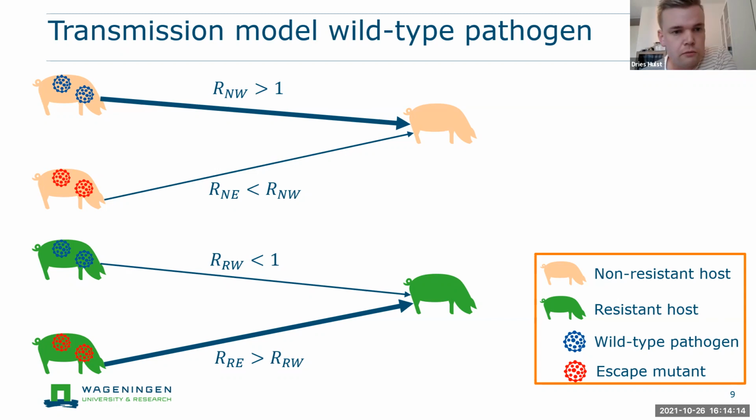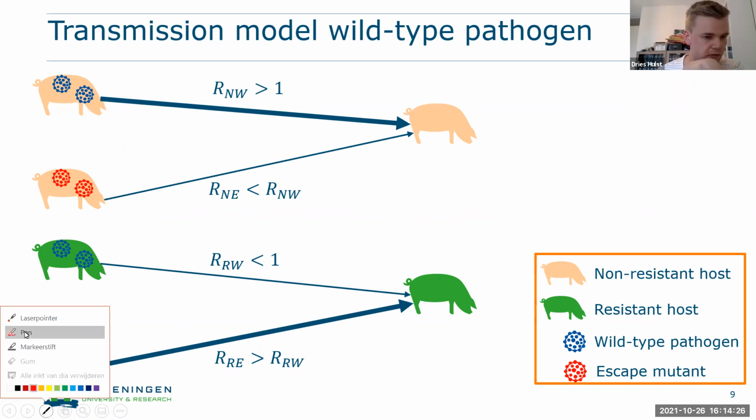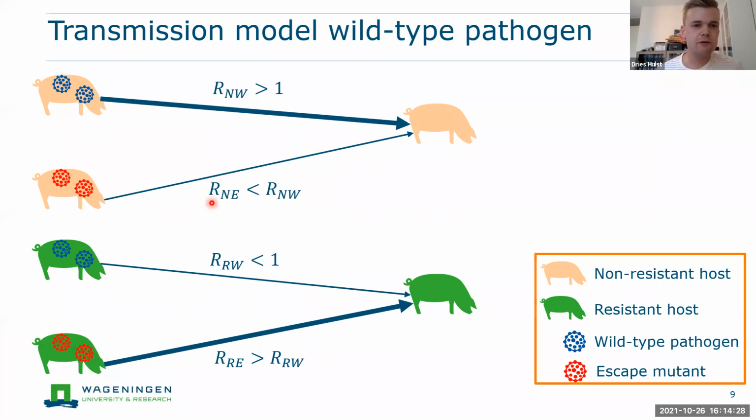And also because we assume that there are certain costs to this escape mutation, as the reproduction ratio of the escape mutant in non-resistant hosts is lower than that of the wild type.